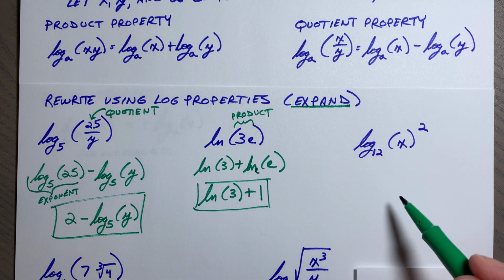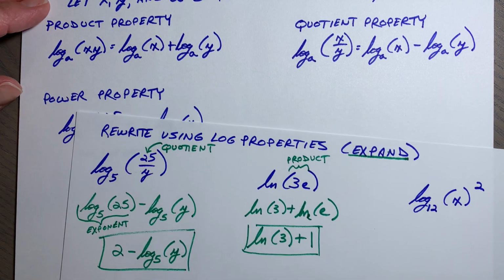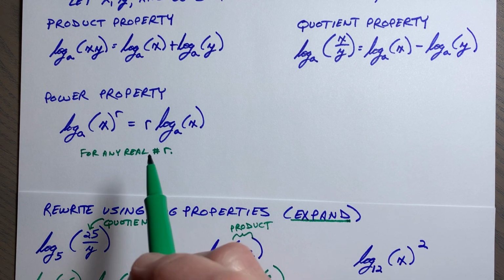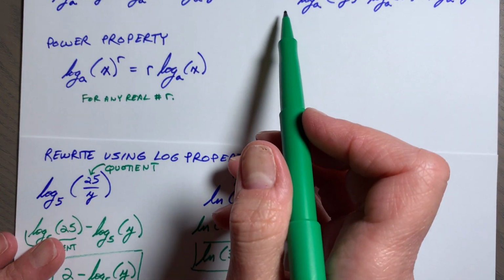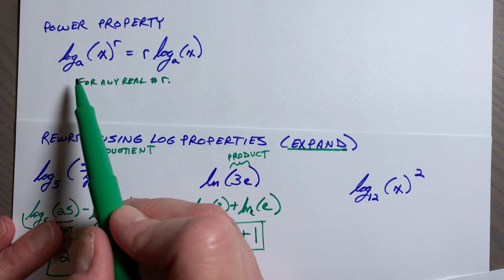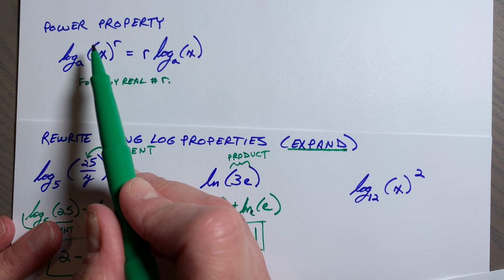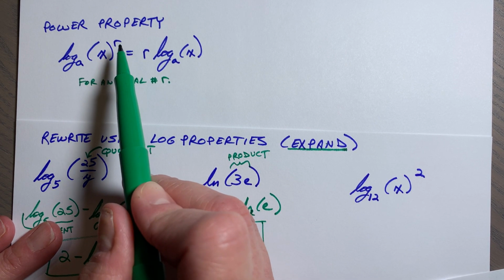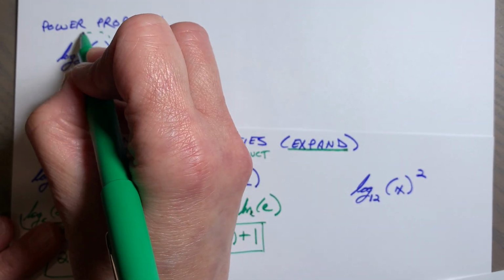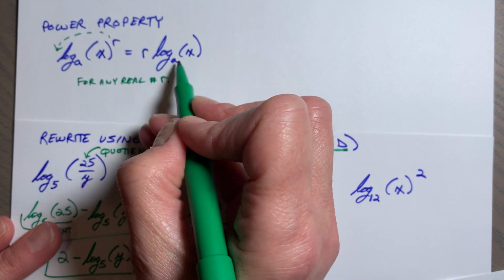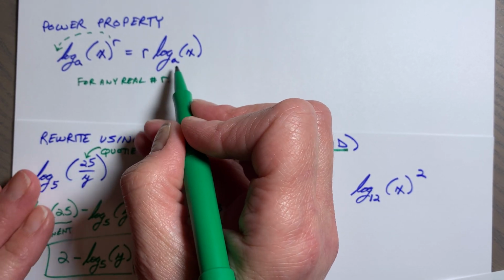Now for the next 2 examples here, we're going to need another property. So let me expand a little bit here. We've got our product property, our quotient property, and now we're going to look at the power property. This says that if we have the log with an argument raised to a power, this exponent can come down and be the coefficient, or the multiplier of that log expression.